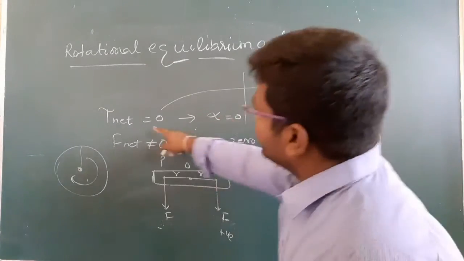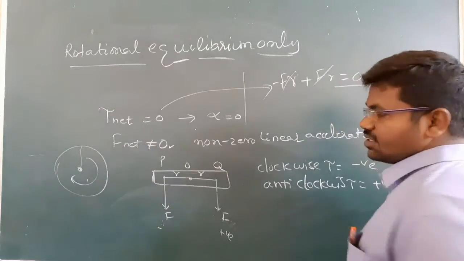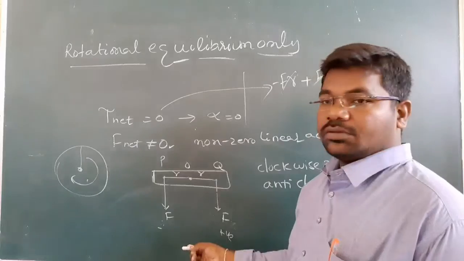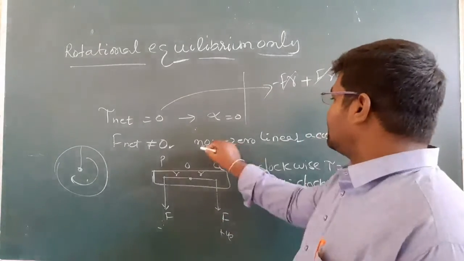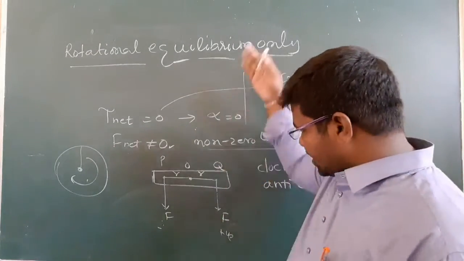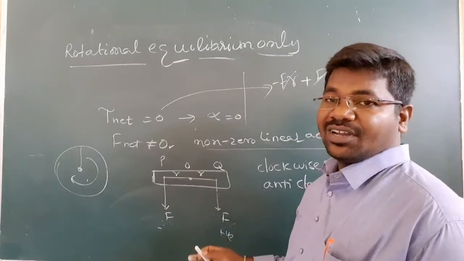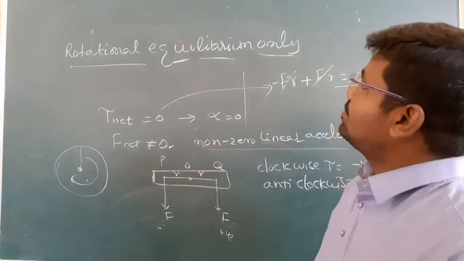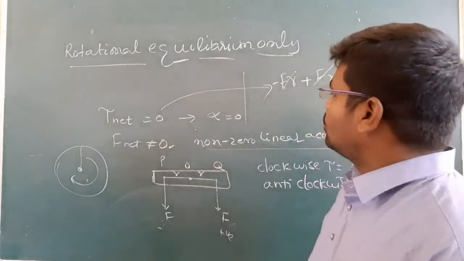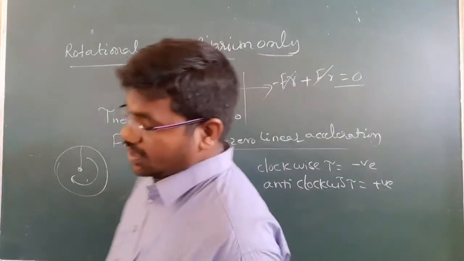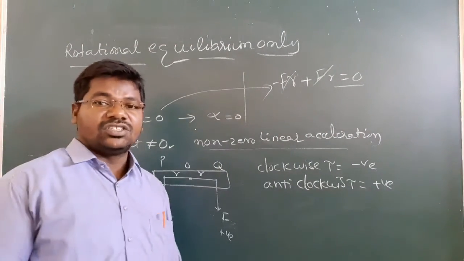We can get the torque value as 0 in this case. Understand? So while the body moves down, non-zero linear acceleration, it may fall down. Not rotation. In rotational equilibrium, there is no angular motion. Only linear motion or linear acceleration.